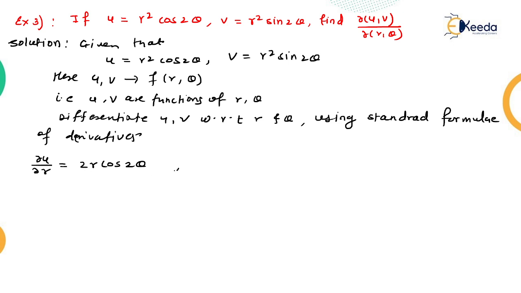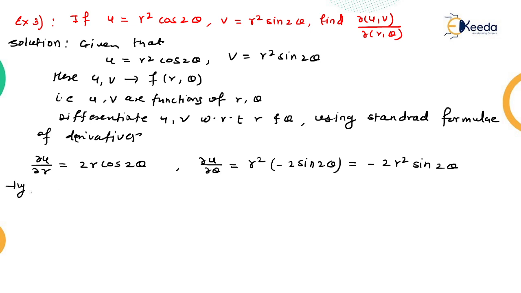Also ∂u/∂theta, differentiating u with respect to theta keeping r as a constant: r square as it is, and the derivative of cos 2 theta is minus 2 sin 2 theta. So it will take the value minus 2 r square sin 2 theta, right?